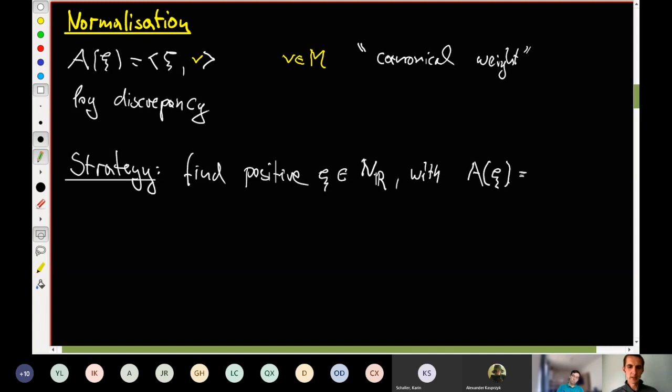So what I just said, similarly as we fixed the enclosed volume of our embedding and then ran a minimization for the surface volume, we are now fixing the log discrepancy of psi and trying to minimize the volume. So this means we want A of psi to be 1 and we want to choose psi such that the volume of psi is indeed minimal.